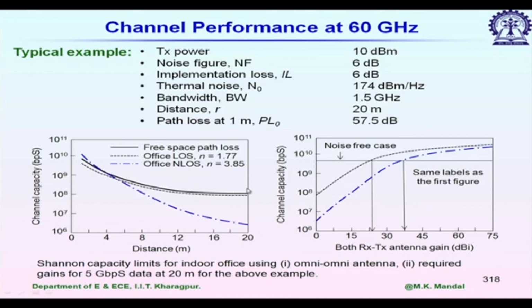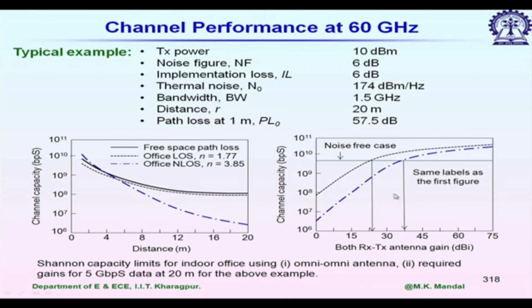So, you see the effect of noise and distance. If we have higher n, then SNR decreases, and as a result the channel capacity also decreases.